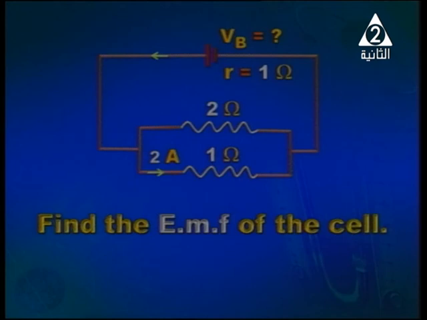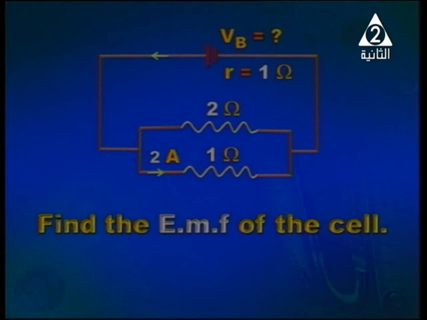Okay. We've got two resistors connected in parallel. So the potential difference across them is constant, it's the same. Potential difference across the 1 ohm resistor can be calculated. It's all easy. We know the value of the resistance, it is 1 ohm. Current through it is 2 amperes. So voltage across the 1 ohm resistor is 2 volt.